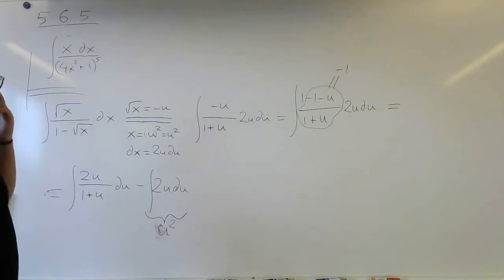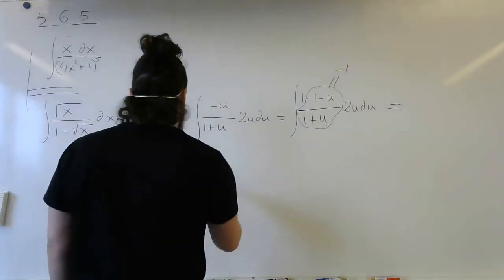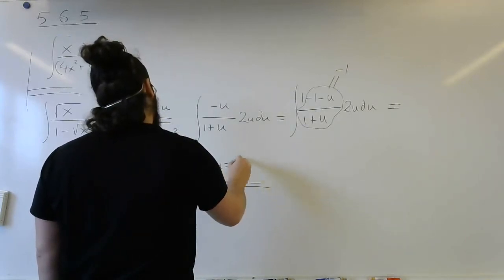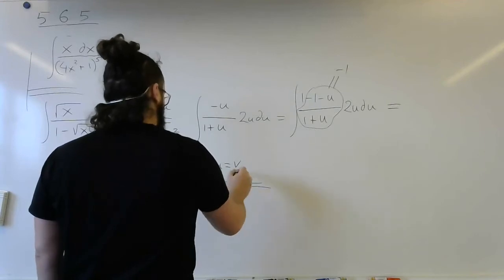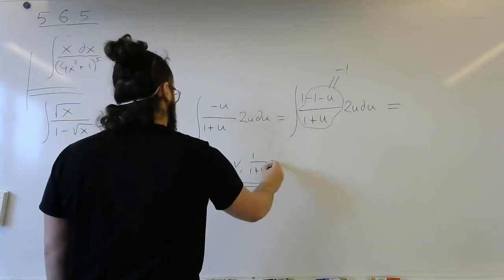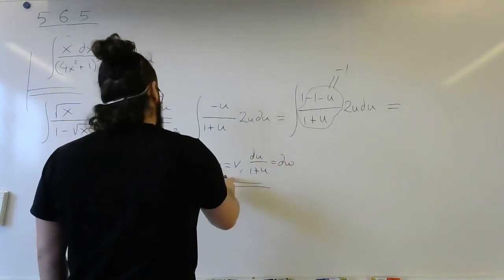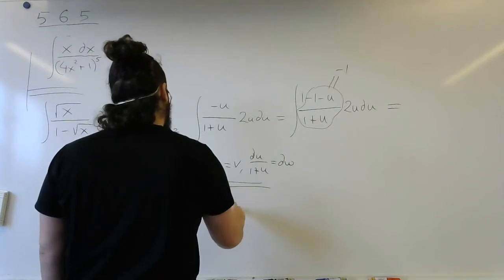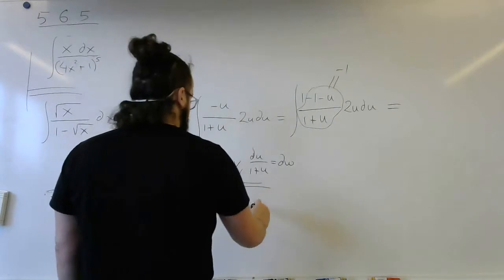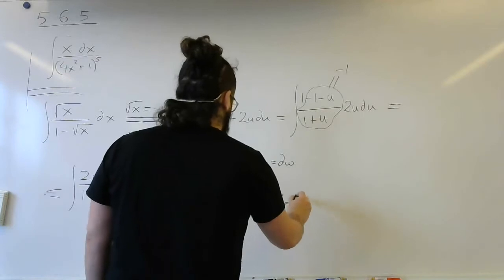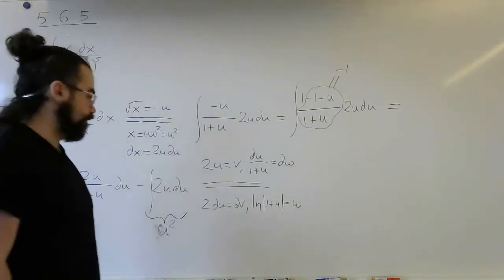And now moving on here, we can do parts. We could do like this. Let u be v, and 1 over 1 plus u is differential of w. And so from here du is d of v. And w is like this.